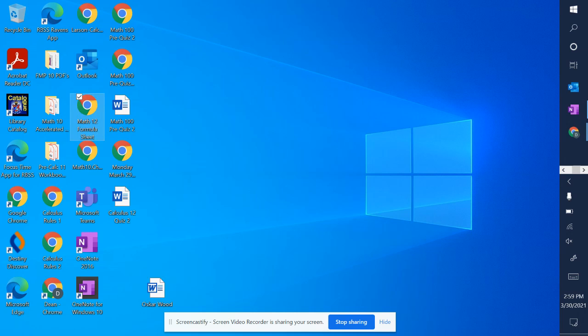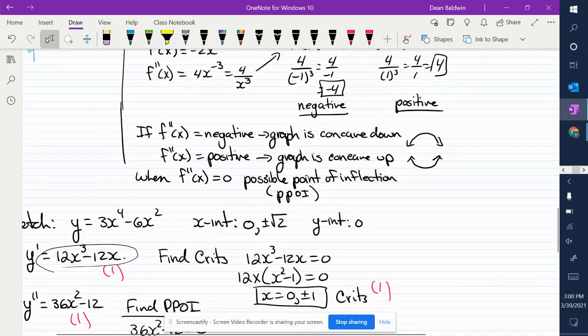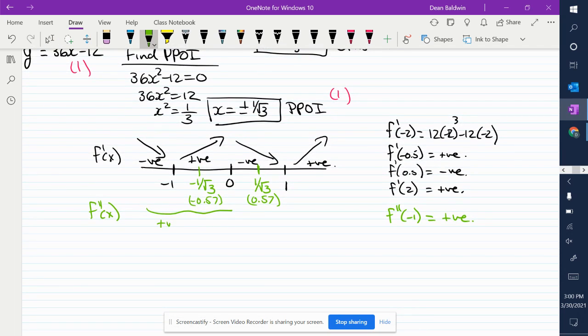So down here I write second derivative, this is my interval that I'm testing. If the second derivative is positive, what does that mean? It's concave up, okay? So that means it's a positive and it's concave up.